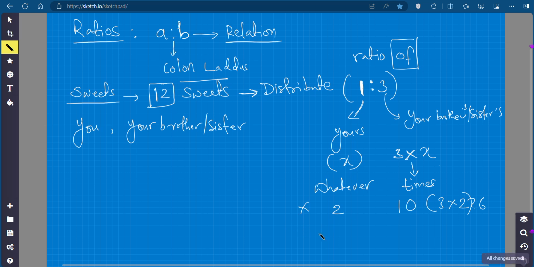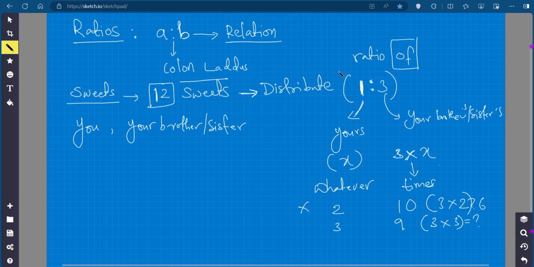Now you can't keep going and check with every number like this, whether you are getting 3 times of whatever. I mean, this works, but this is not the best approach to solve ratio problems. So how do we solve it?